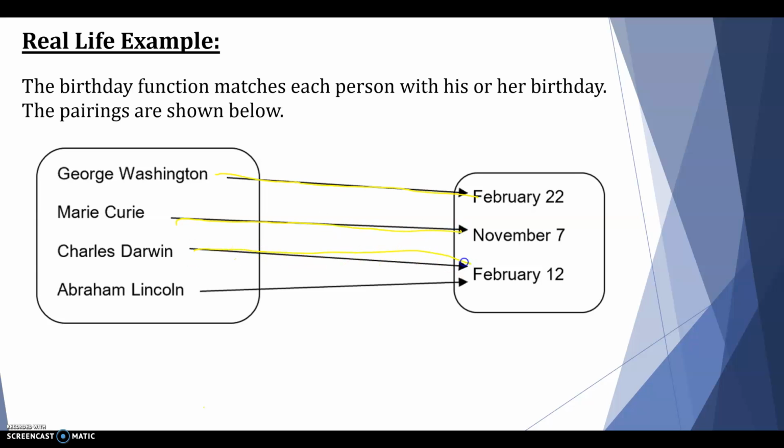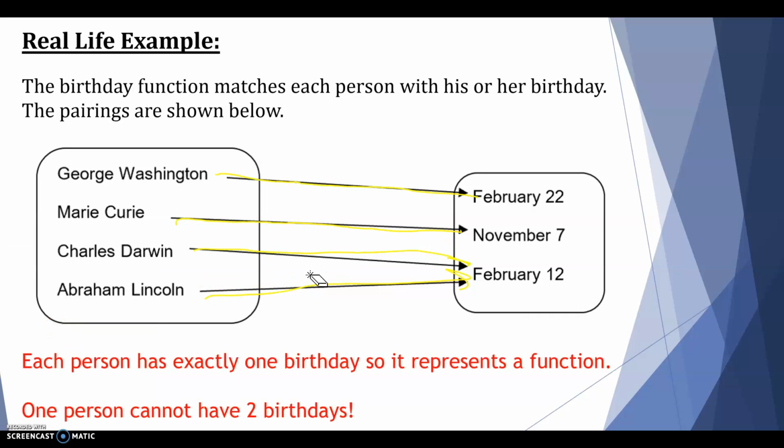Charles Darwin has a birthday on February 12th, and so does Abraham Lincoln. Now, that is allowed because each person has their own birthday. And yes, 2 people can have the same birthday. But what can't happen is this. You can't have Abe Lincoln having a birthday on November 7th and November 12th. So that would not be allowed. Each person has exactly one birthday, so it represents a function. And obviously, one person cannot have 2 birthdays.